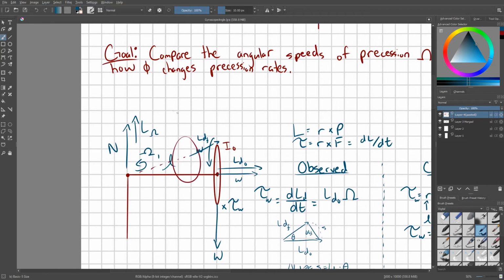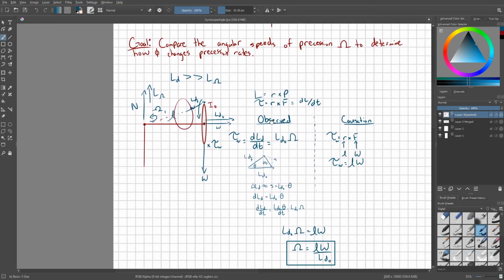However, one of our assumptions is that this angular momentum is negligible. So L_D is significantly greater than L omega. I just need to make that note for clarity, because that angular momentum does definitely exist. Let's not pretend like L_D is the only angular momentum in that entire system. There's a second form of rotation.